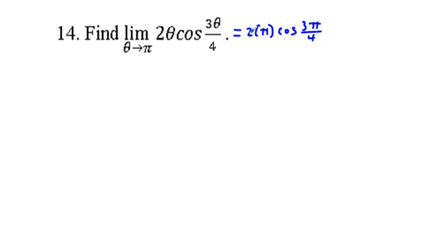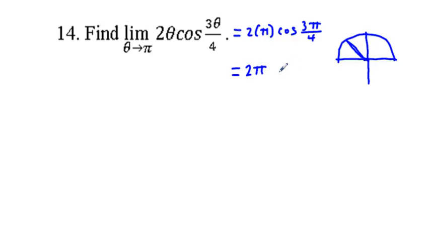Well, 2 theta, 2 pi, excuse me. So we're going to have 2 pi times, and what's the cosine of 3 pi over 4? Well, if we look at our unit circle, 3 pi over 4 is going to be over here on the left, equidistant between 180 degrees, or pi, and pi over 2.